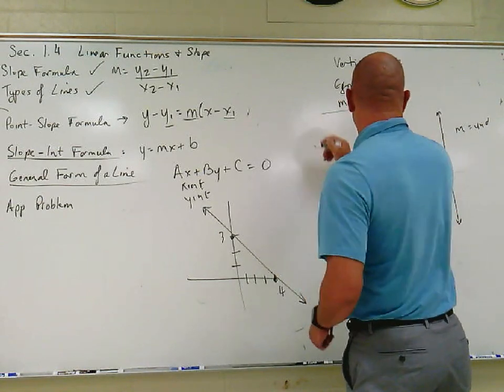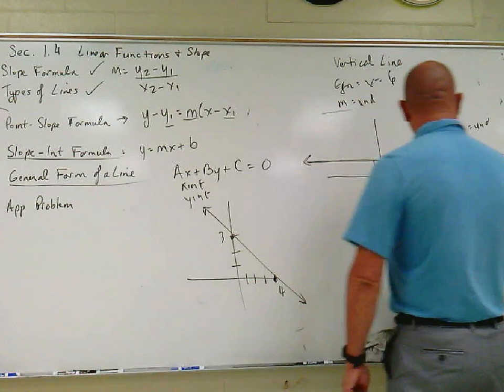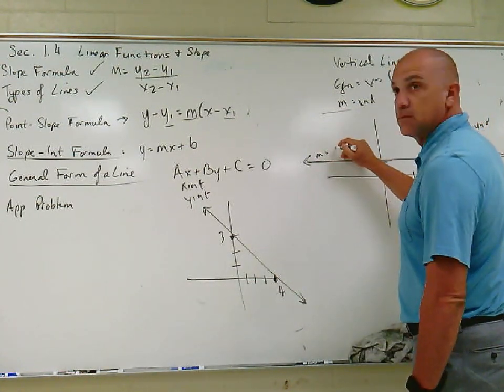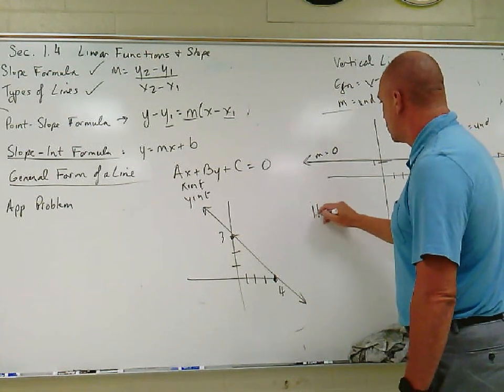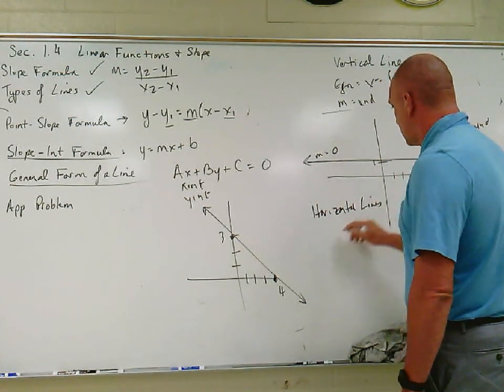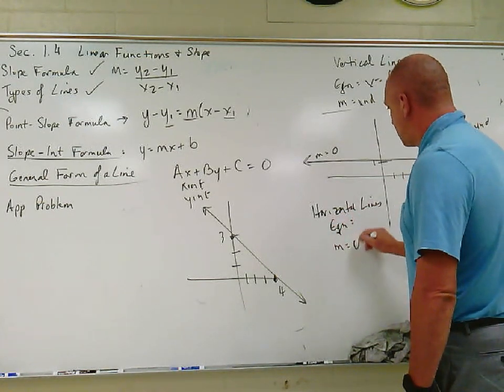All right. Here's your horizontal line. Not that, but this. Same point, here's your horizontal line. So for the horizontal line, our slope is what? 0. So for horizontal lines, we can see that if we want to get the equation, we know that the slope is always 0.